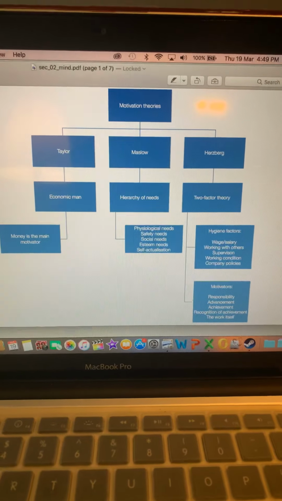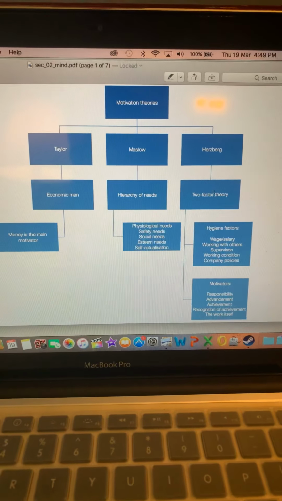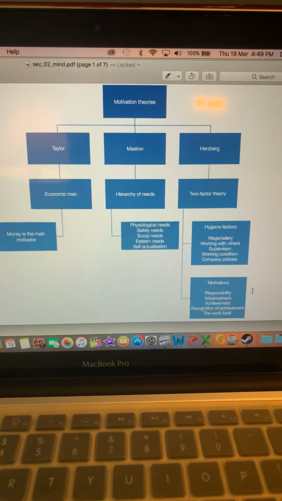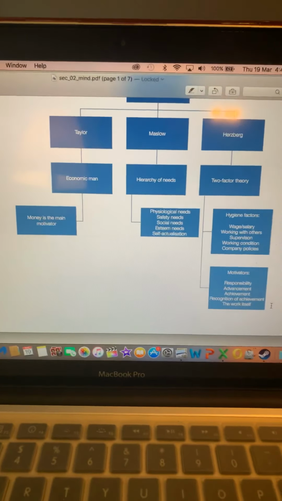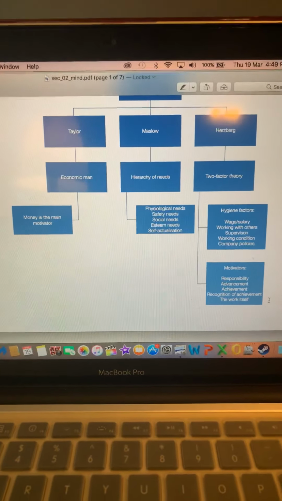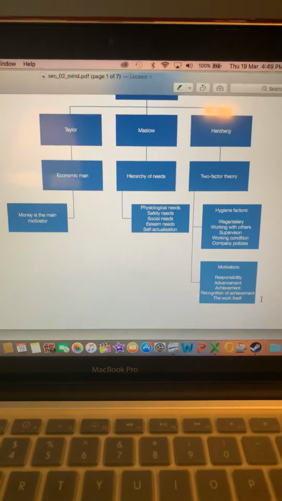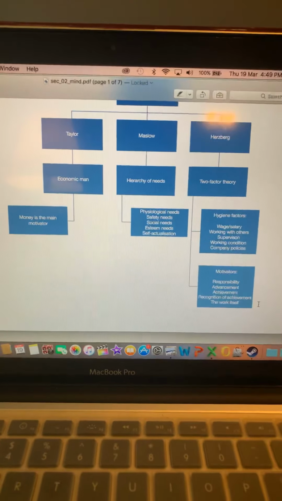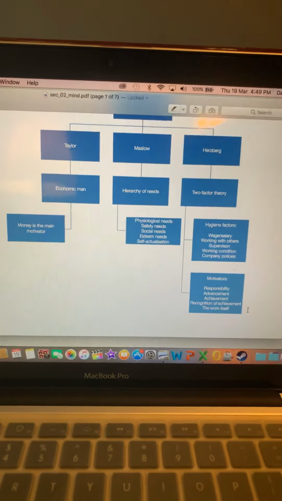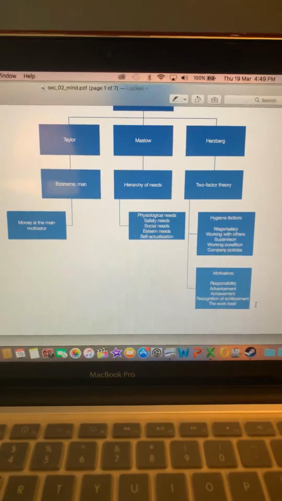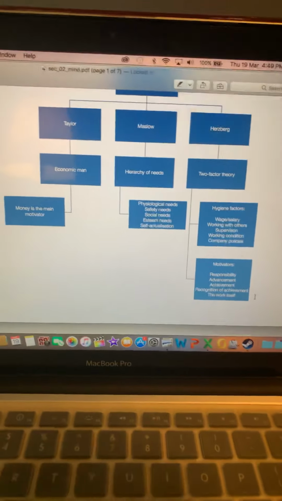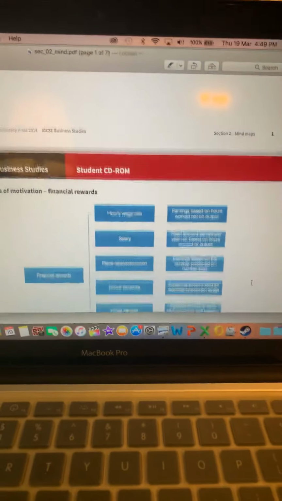And then you've got the Herzberg theory, which is the two-factor theory, including hygiene factors and the motivators. I'm not going to go through all of this stuff in detail with you guys, but I'm going through it very briefly so that you can remember it, because it seems like some of you may have forgotten some of this stuff.